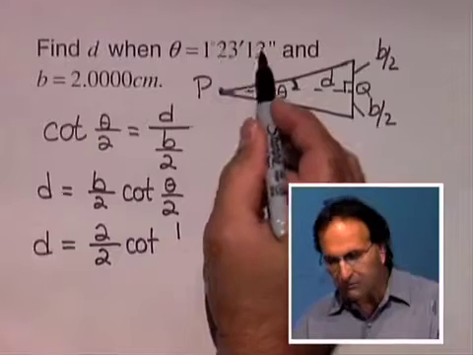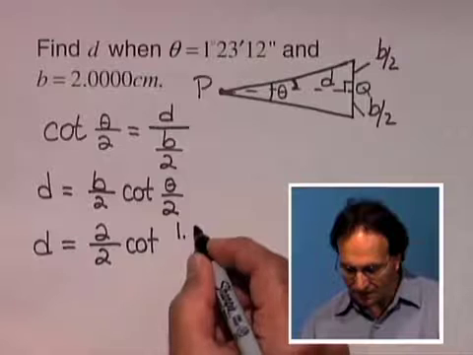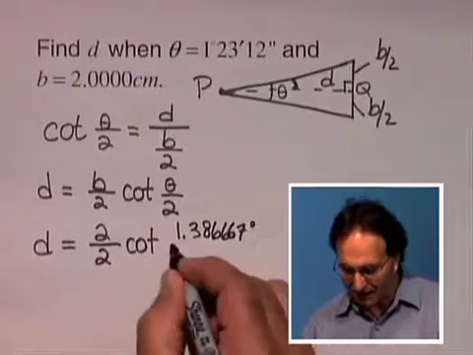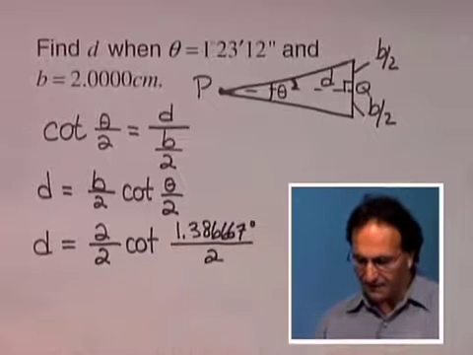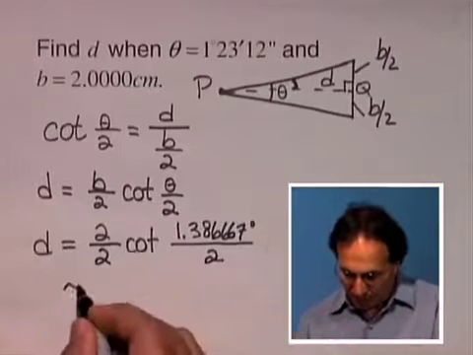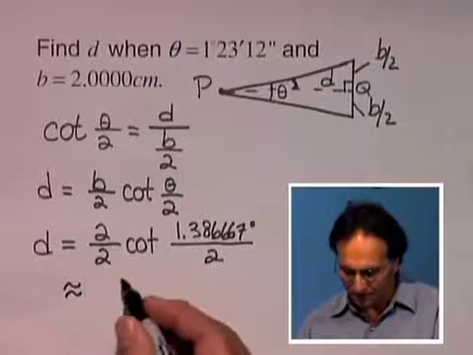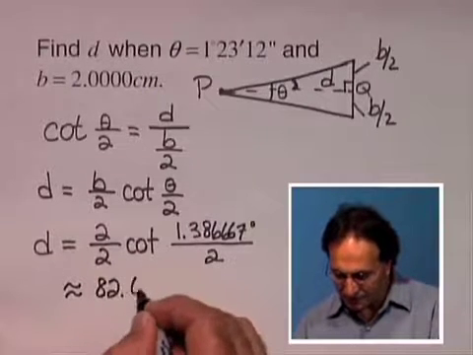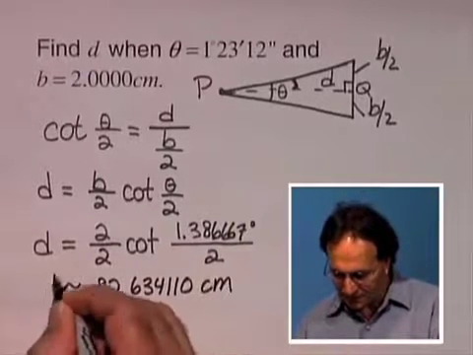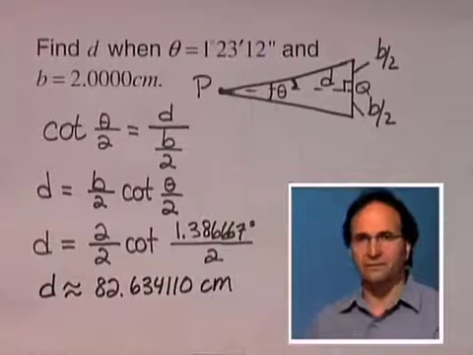Of course, we want to convert this to a decimal degree. On the calculator, we can do that. What we'd find is that it's equal to 1.386667 degrees, rounding it off, and then we divide that by 2. So this would then be approximately equal to, using a calculator to do the actual calculation, 82.634110 centimeters. That would be the length of d from P to Q.